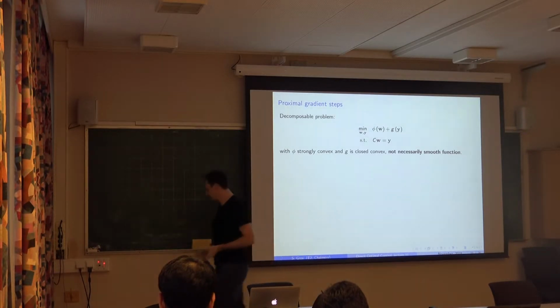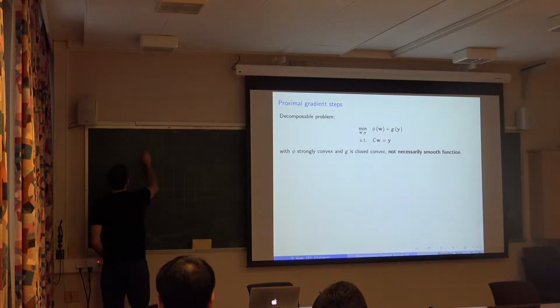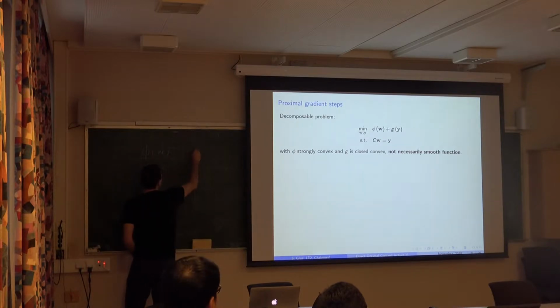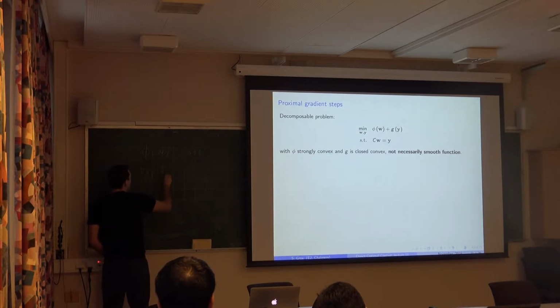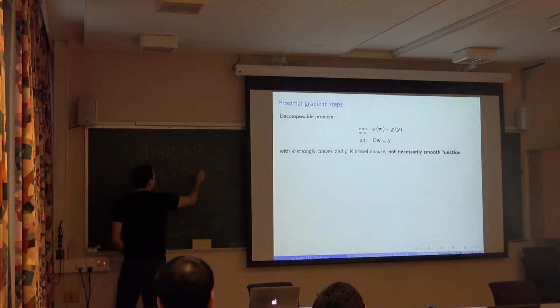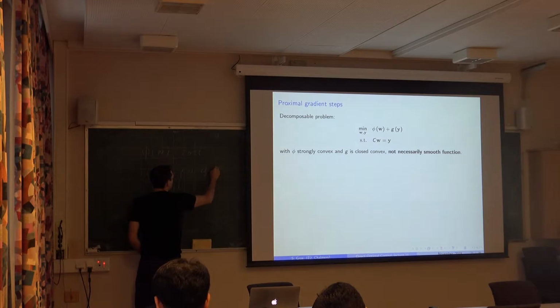So the idea behind this could be that phi is your normal cost, and g could be something like this.